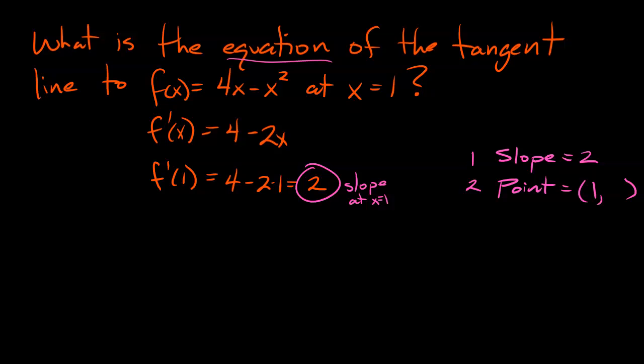Matthew, how do I find the other half of the point? Good. So I'm going to find f of 1, and that would be 4 times 1 minus 1 squared, which is 3.